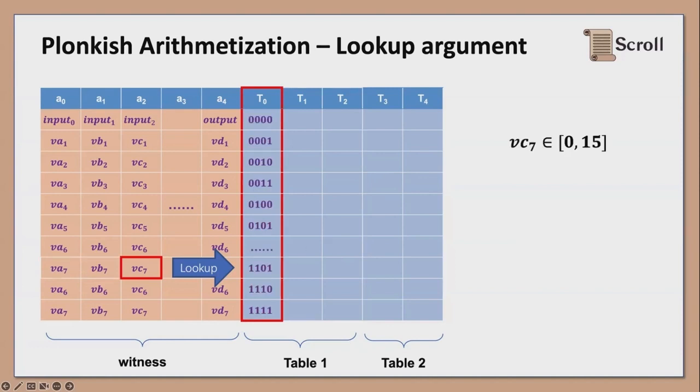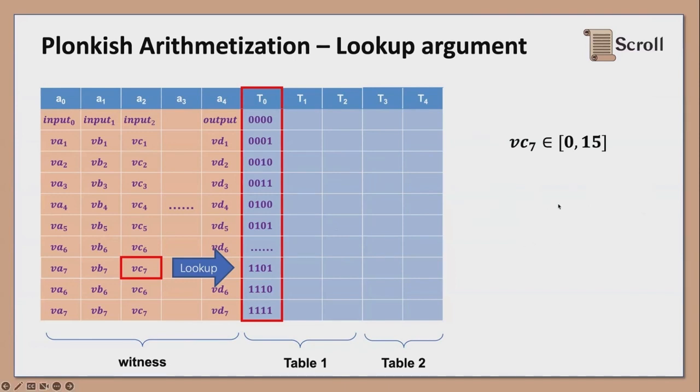For example, if you want to prove that VC7 belongs to the range between 0 to 15, in R1CS what you used to do is decompose VC7 into 4 bits, and prove that those 4 bits are actually bits, using 4 constraints to constrain that each is either 0 or 1.